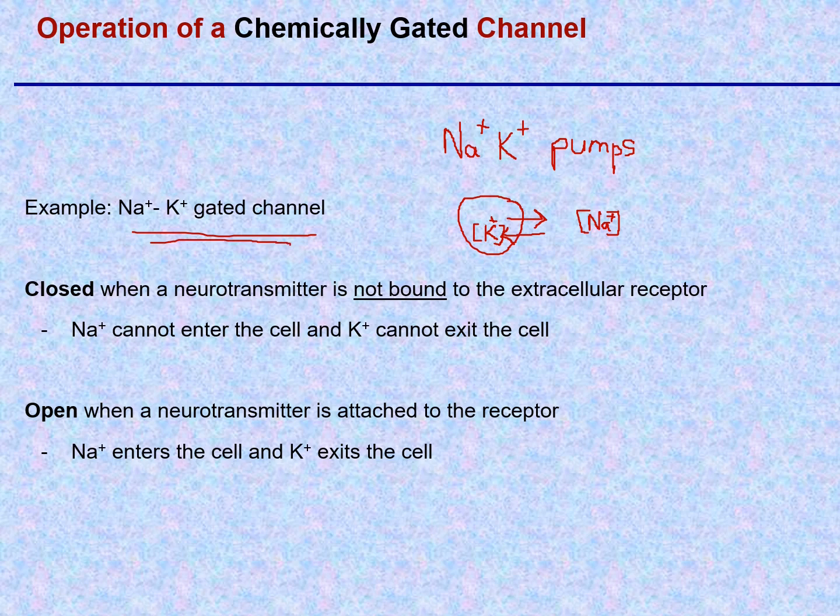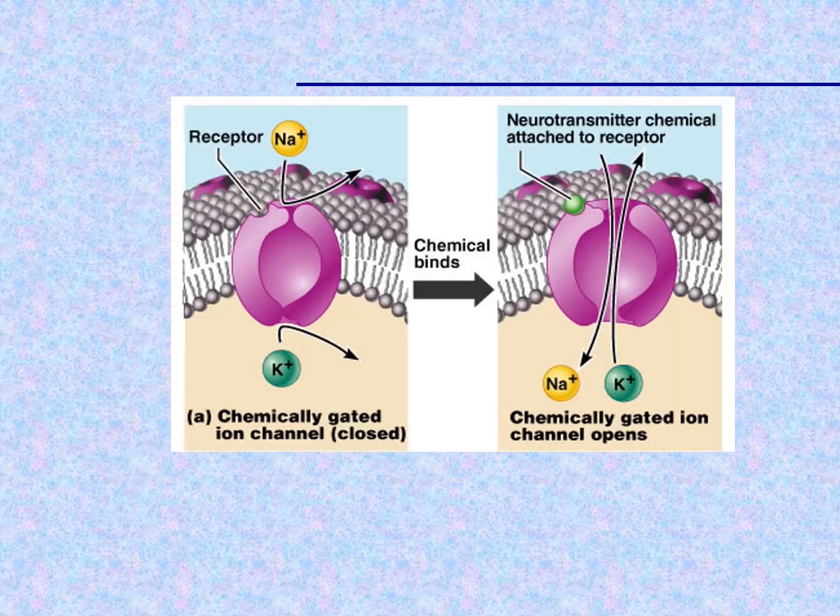It opens because the appropriate neurotransmitter attaches to the specific receptor on it. If it does open, then sodium rushes in and potassium leaves because of the higher concentration of sodium outside and the higher concentration of potassium on the inside. So that's an example of a chemically gated channel.